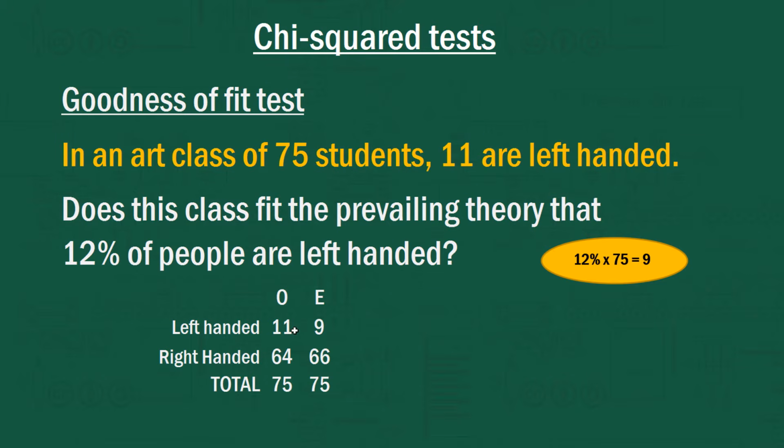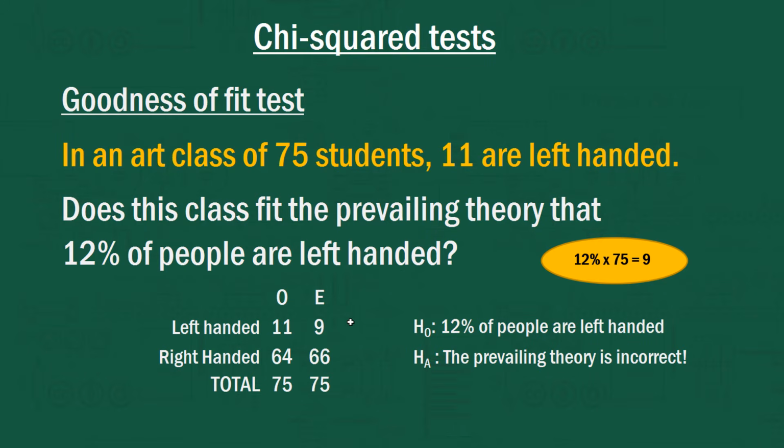So the question is going to be, how close is our observed sample to what we might expect? Is our observed sample far enough away from what we expected to really cast some doubt on this prevailing theory? That, my friends, is a goodness of fit test. Now, all that's left to do is actually do all the calculations. So shall we?